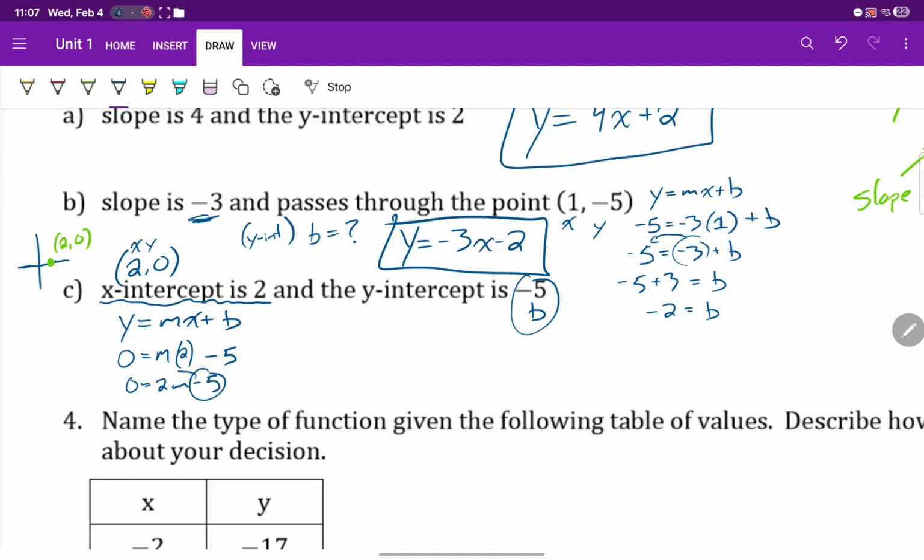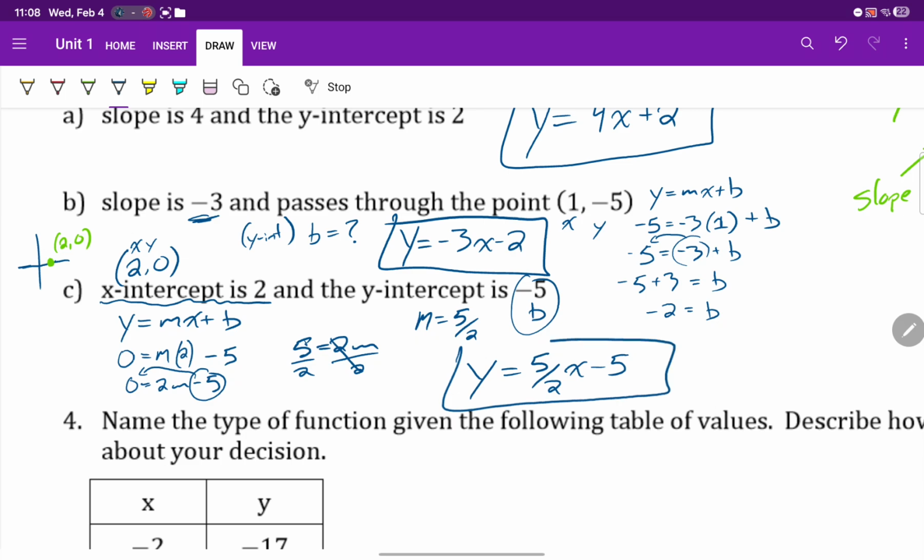I'm going to bring my 5 over to this side, where it becomes 5 equals 2m. I divide both sides by 2, and I get that m is equal to 5 over 2. So my equation for this one becomes y equals 5/2 x minus 5. Okay, there's our equation for that.